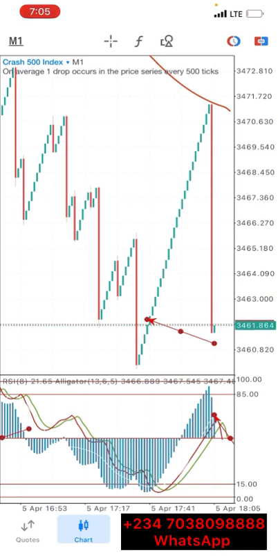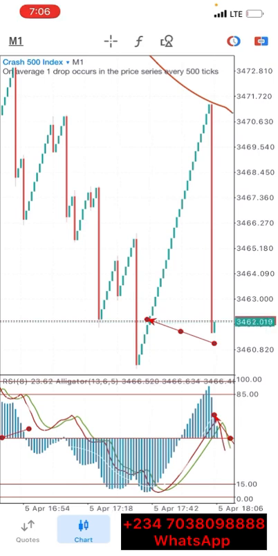This time around, even when you're seeing the obvious reversal against you, you will not want to close because you believe that what happened yesterday is likely to happen today, and the market will reverse and go against you. So if you have something that will be funding you, you can decide to risk $10, $20, and it will not be a big deal to you. You just stay and you don't worry about it, and you see the market doing its thing, it will go up and definitely come down to your direction.